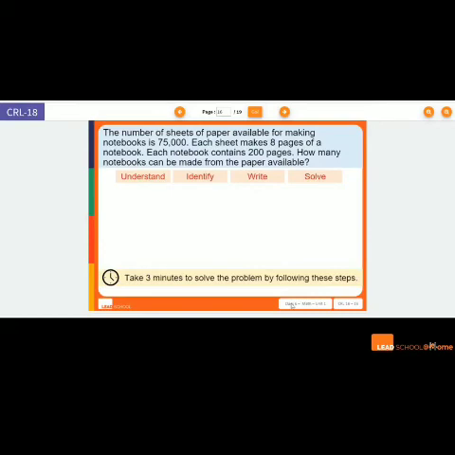1 minute up, 2 more minutes to go. Last 1 minute.